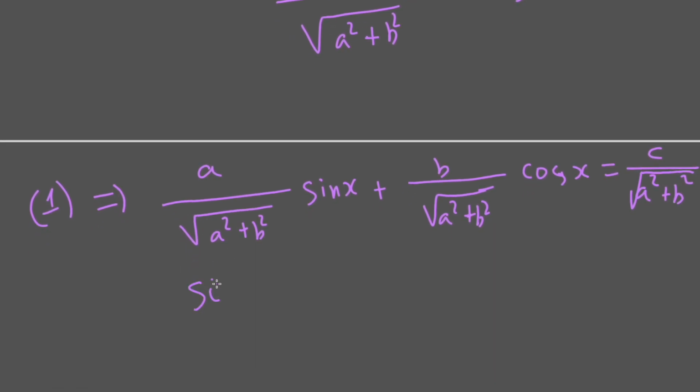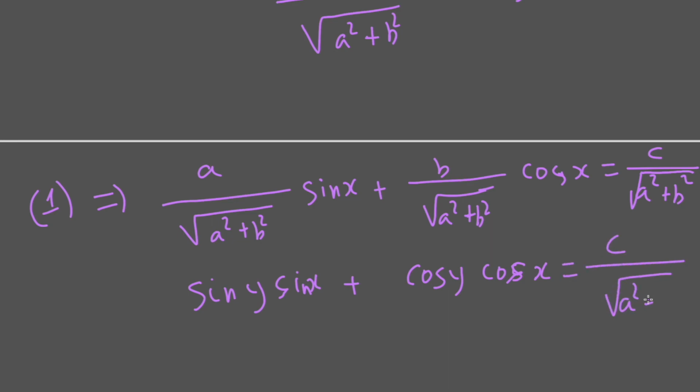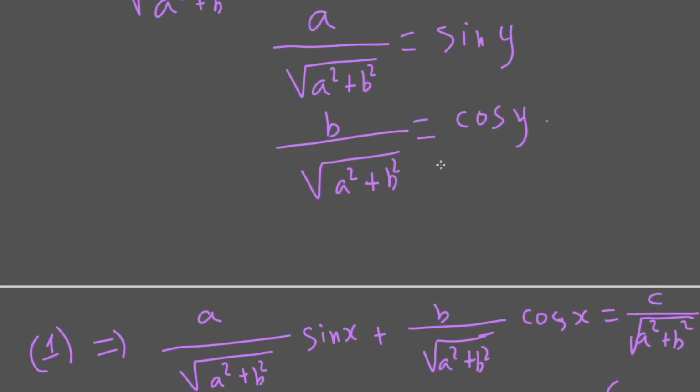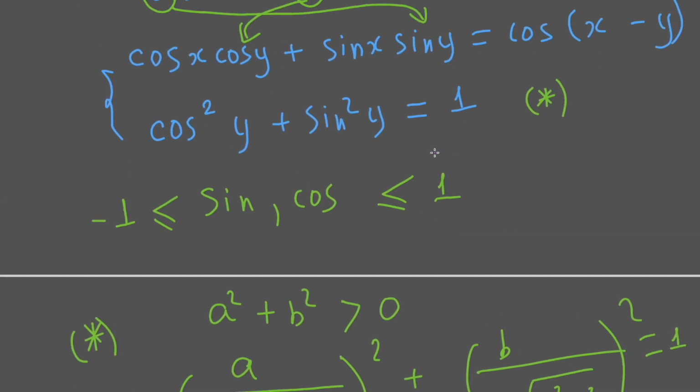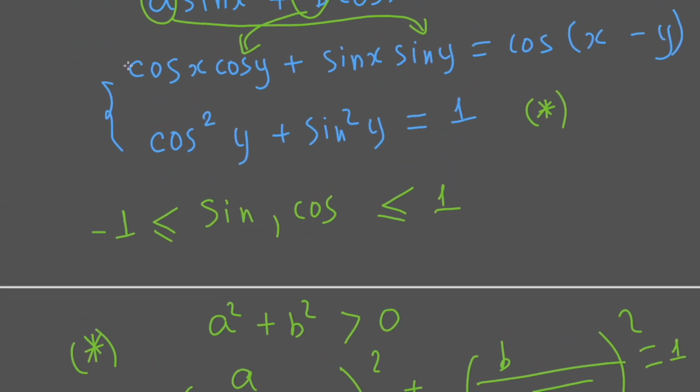We have sine y multiply sine x plus cosine y multiply cosine x equal to C over square root of A square plus B square. And in the trigonometric formula we have this.